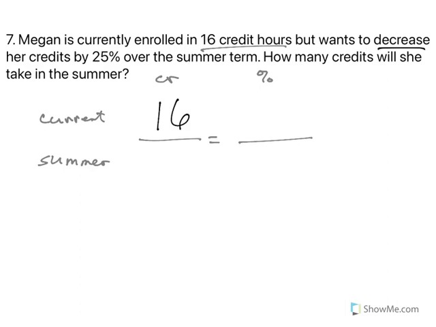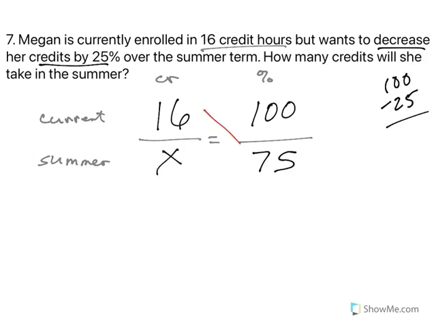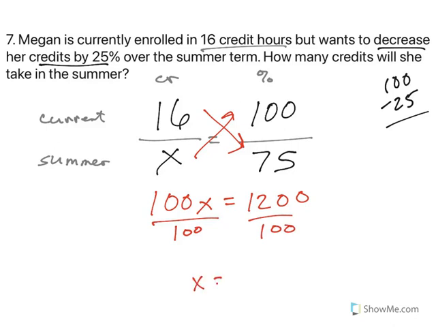She wants to decrease that by 25%. So if she is currently at 100%, we want to decrease that by 25. So she wants to take 75% of that for the summer. We cross multiply. We end up with 100x equals 1200. Divide both sides by 100, and we find that Megan wants to take 12 credit hours over the summer.